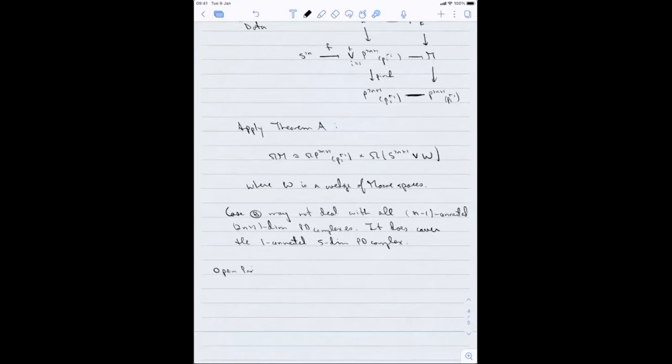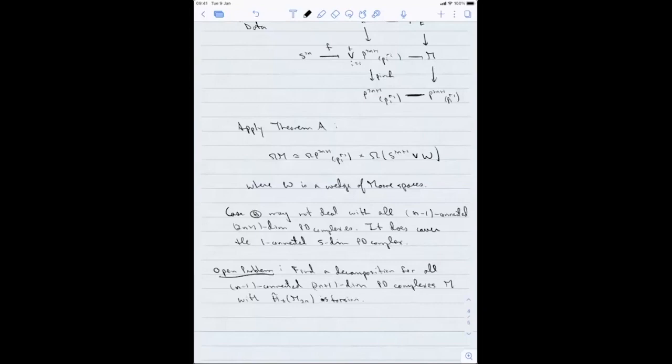So here's an open problem. Find a decomposition for all n minus 1 connected, 2n plus 1 dimensional Poincaré duality complexes, say M, whose 2n skeleton is torsion.